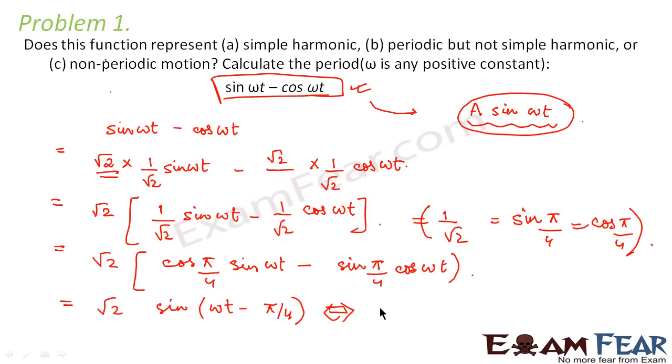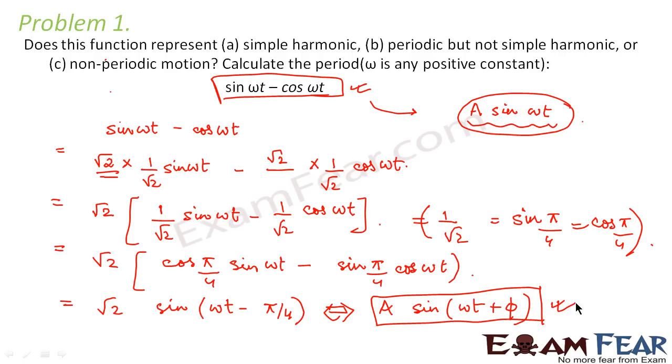Now this equation is of the form A sine of omega t plus phi, where A is equal to root 2 and phi is equal to minus pi by 4. So we can see that this equation can be written in the form of the simple harmonic motion equation. So this equation represents a simple harmonic motion, and we say that the motion is simple harmonic.